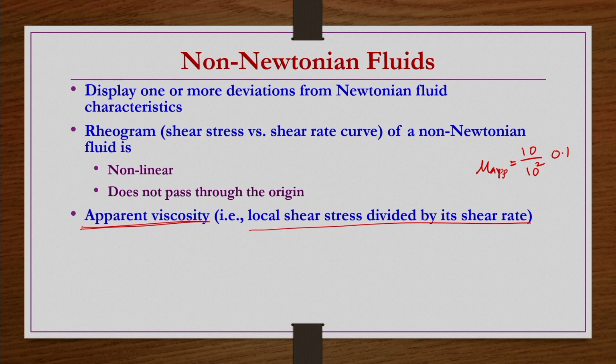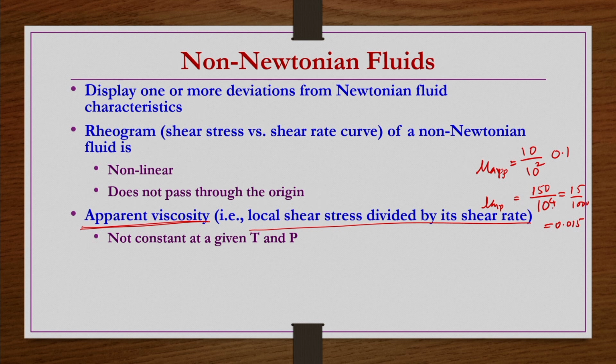Right. So, let us say you are doing the shearing experiment at the order of 10 power 4 second inverse, and the corresponding shear stress is, let us say, 150. Then mu apparent here should be 150 by 10 power 4, so it is 0.015.